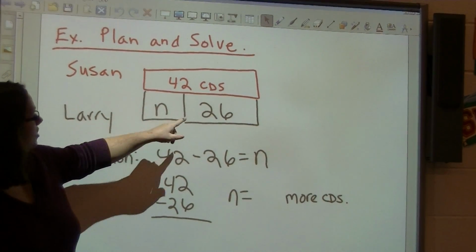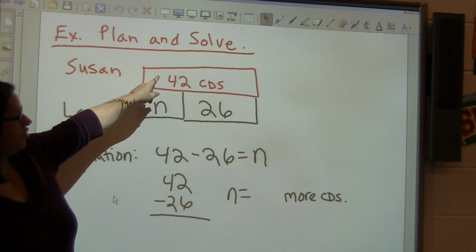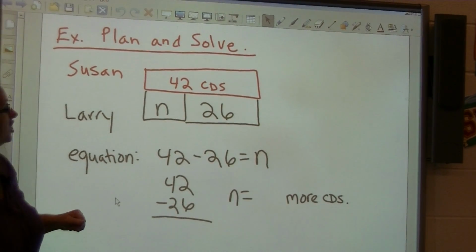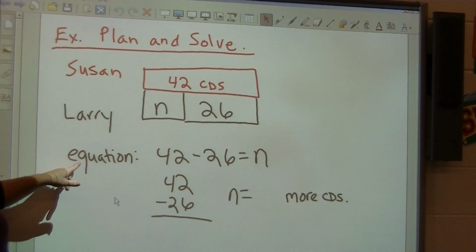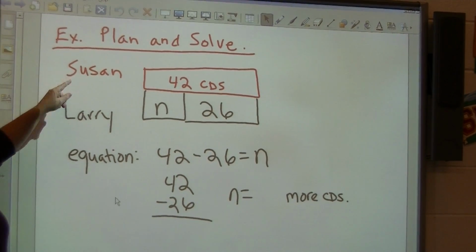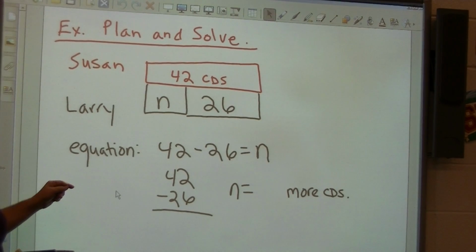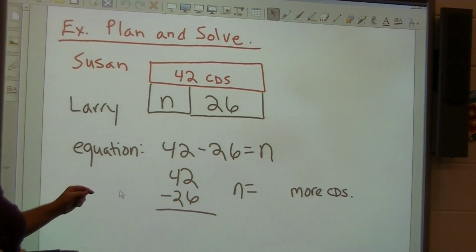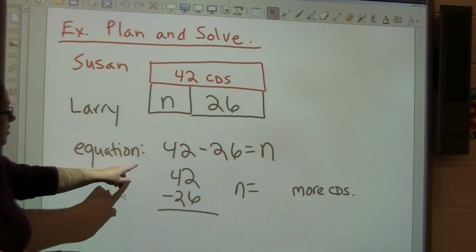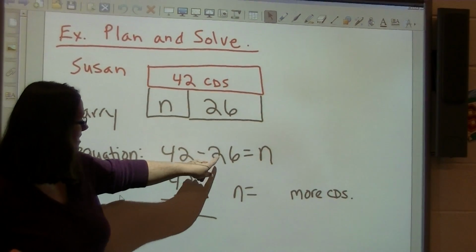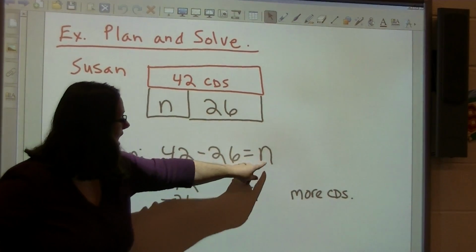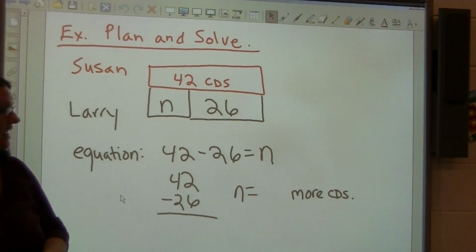Because at the end then, when you put 26 with the N, it's going to total what? 42. Good. So now we need to write our equation. How are we going to find how many more? We need to do our subtraction problem. And we talked about this. When we subtract, what number has to go first? The bigger number. Good. So we have to take Susan's number here and do 42 minus 26 equals N. N is the number we are trying to find out.